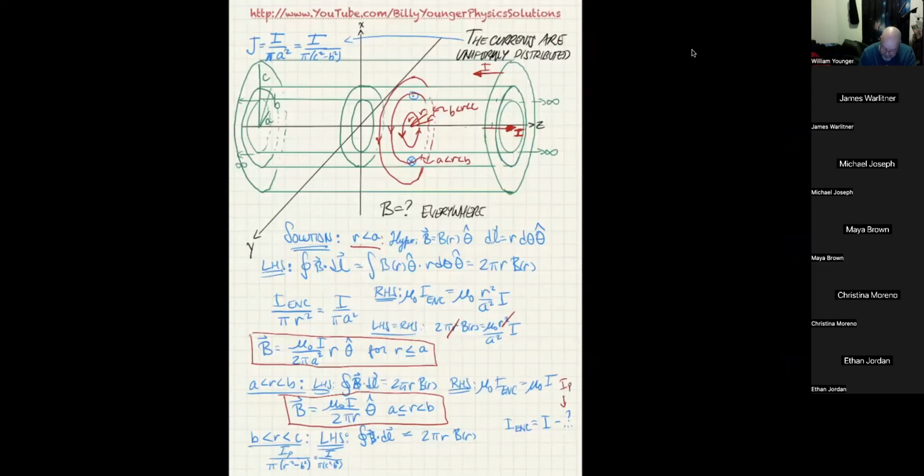So now I can say that the right-hand side of Ampere's law, which is mu 0 times I enclosed, is equal to mu 0 times I minus mu 0 times (r squared minus b squared) over (c squared minus b squared) times I. So that's a holy mess, but anyways, that's what it is.